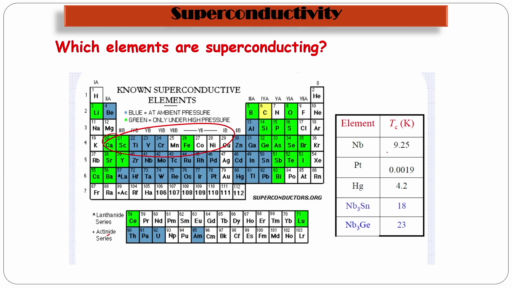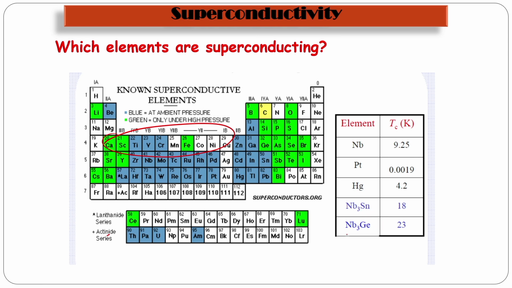There is niobium, which is one of the first known superconductors, with a Tc of less than 10 Kelvin, platinum with very low Tc, a fraction of a Kelvin, and mercury, which was 4.2 Kelvin. Then there were more complicated, compound materials, combinations of different elements which gave rise to superconductivity.